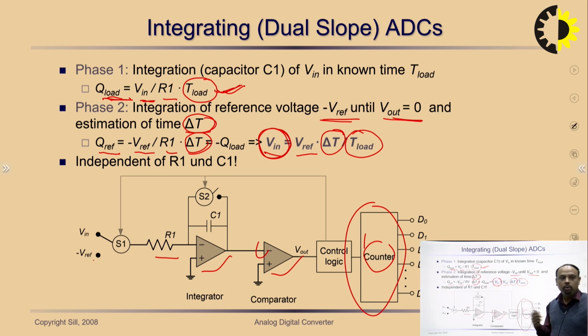So the digital output is directly proportional to the incoming input signal voltage. If the input signal voltage is less, the output count is very low, while for high values the output count is very high.